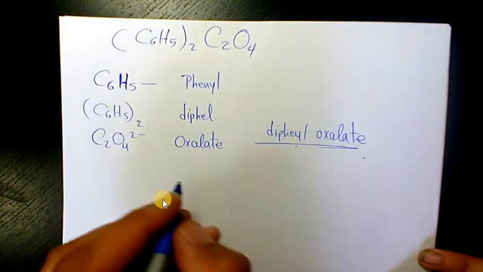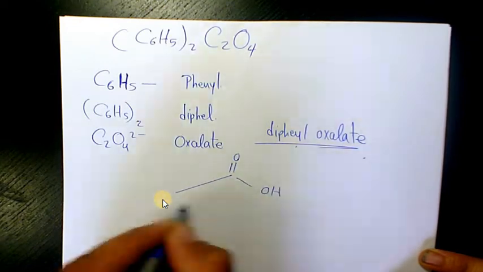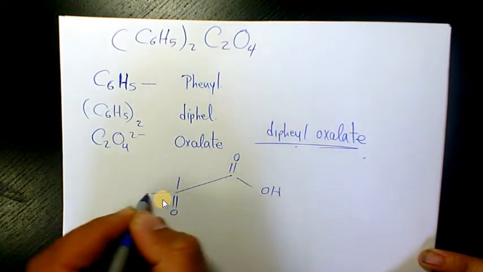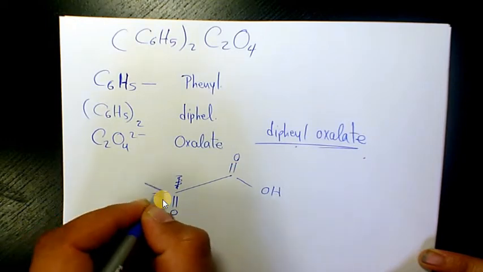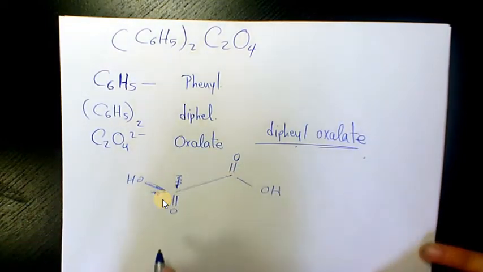Oxalate is coming from oxalic acid, which is a dicarboxylic acid, something like that. You have two carboxylic acids.